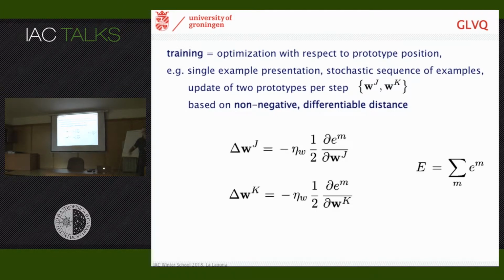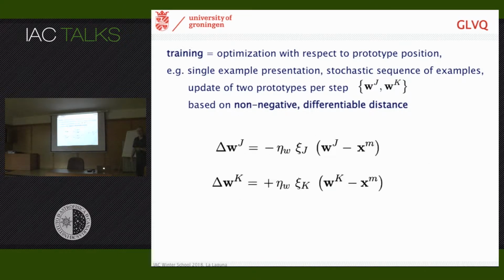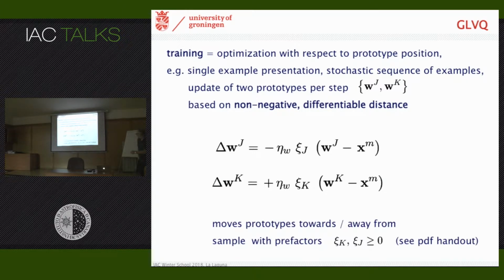In the slides, in the PDF, on the next slide, you would see the full form of this. I spare you that today. I only tell you that, well, you get some prefactor from working out the derivatives of the cost function terms, and in a sense, this looks like LVQ1 always, or almost, because what you do is a correct prototype, the correct winner will be moved closer to the data point.